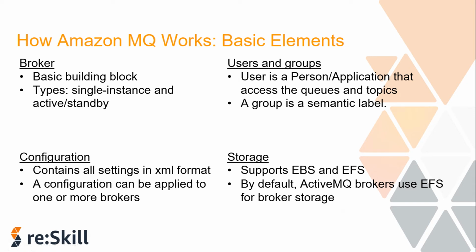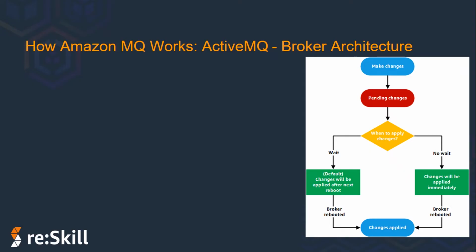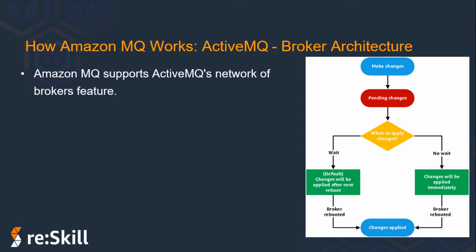So let's discuss a little bit about how Amazon MQ for ActiveMQ works and the broker architecture. We have learned about single instance brokers and active standby brokers in the previous slide. Basically, a network of brokers is comprised of multiple simultaneously active single instance brokers or active standby brokers.